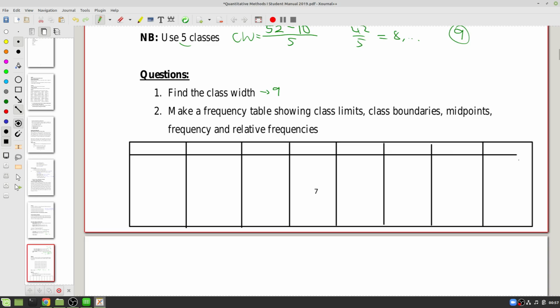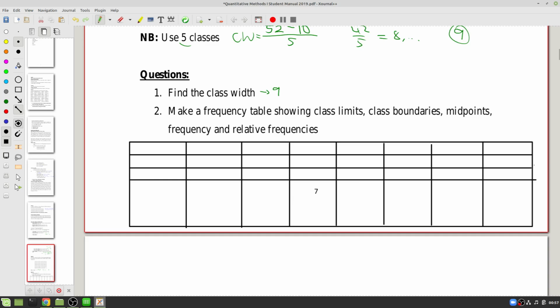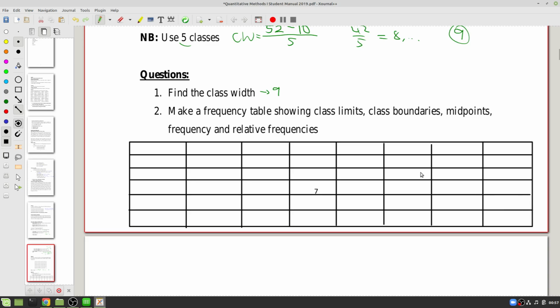Let's give our title row, and then we'll have our different classes. We've got 5 classes: the first class, second, third, fourth, and fifth. This is going to be our class or our interval. You can write class or interval, it doesn't matter what you write there.